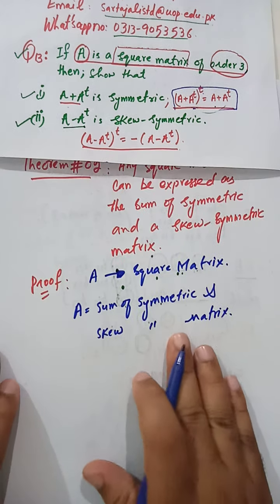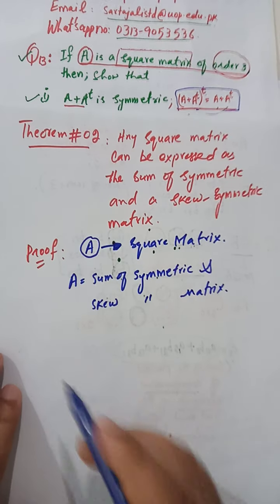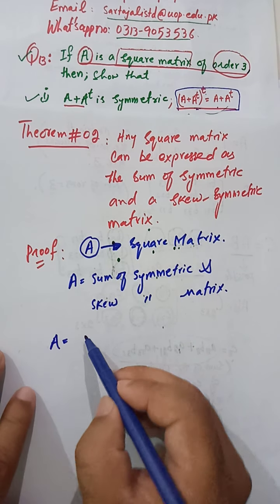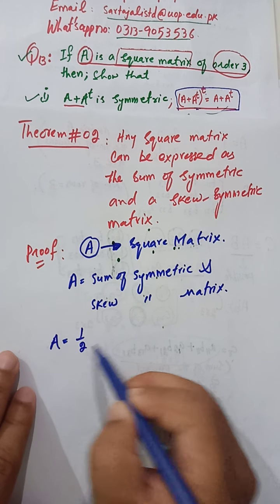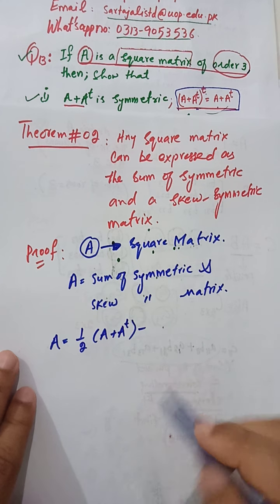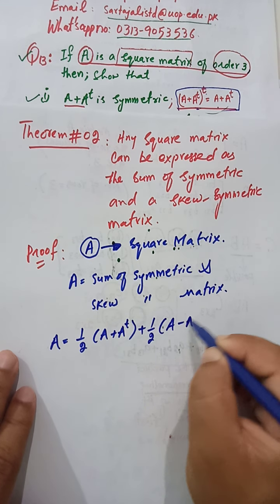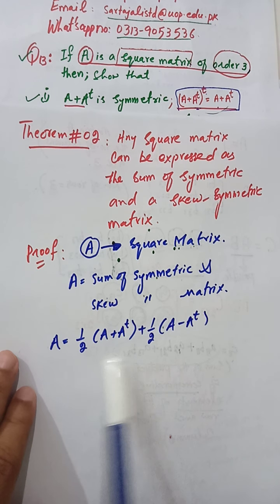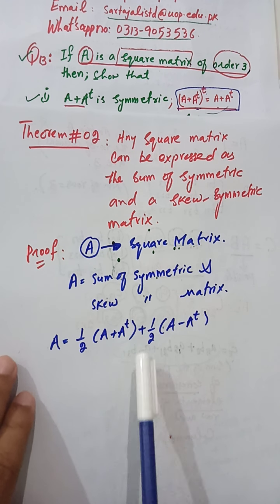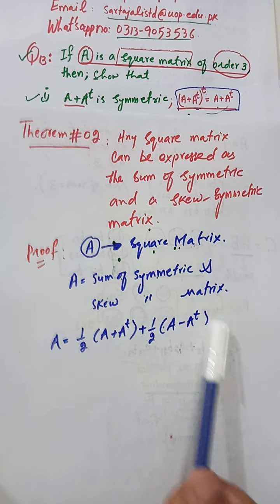So this matrix A can be written as 1 by 2 (A plus A transpose) plus 1 by 2 (A minus A transpose). When you take the LCM, which is 2, and add the numerators, you will get 2A divided by 2. So 2A divided by 2 is equal to A. So A can be written in this form.